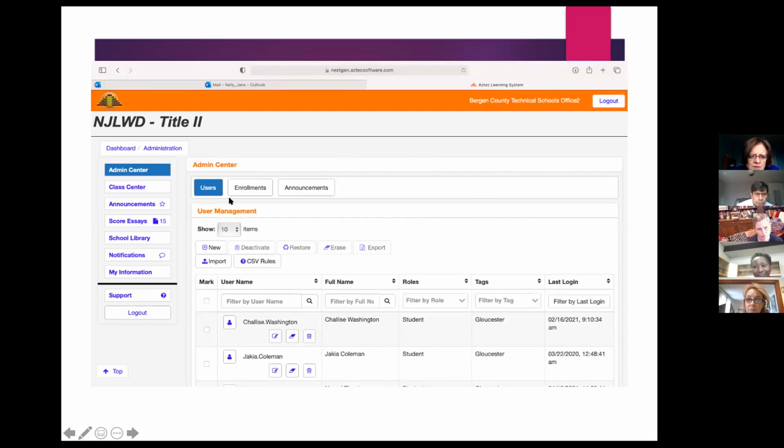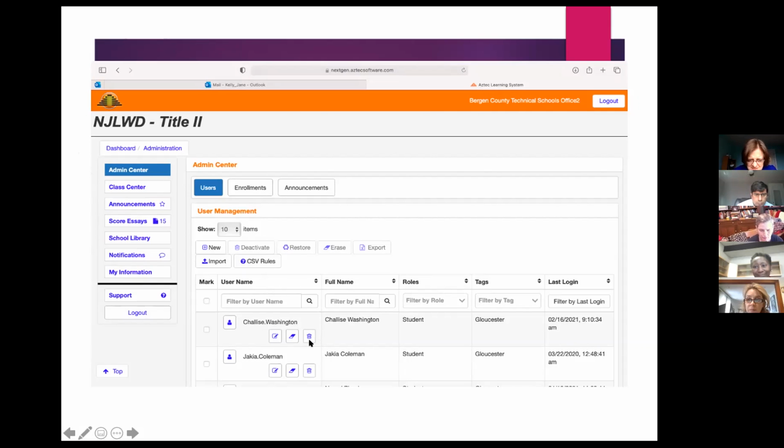I can go to the admin center, and that is where I can add students. So if you are a teacher, you can put students in. You can enroll them, and you can see them, and you can take them out, but nobody ever takes them out. So it gets bigger and bigger, because I know our program hasn't, and I think other programs haven't, because we're not paying for them if they're not using it.